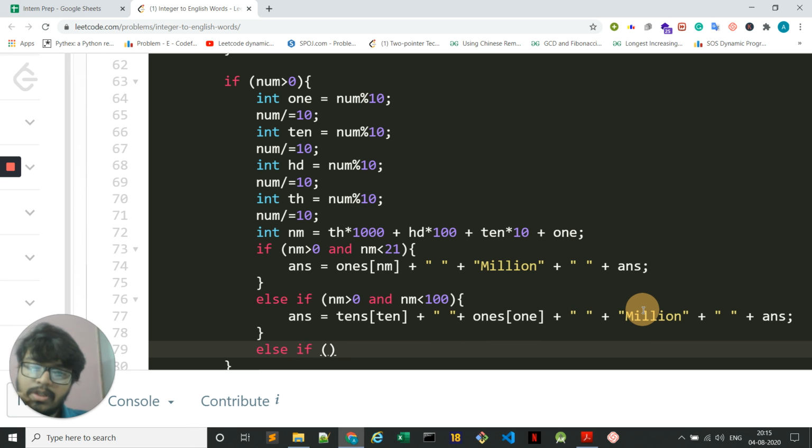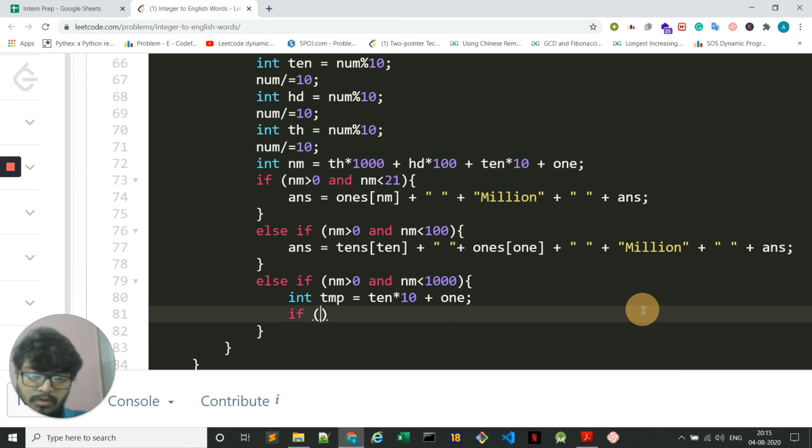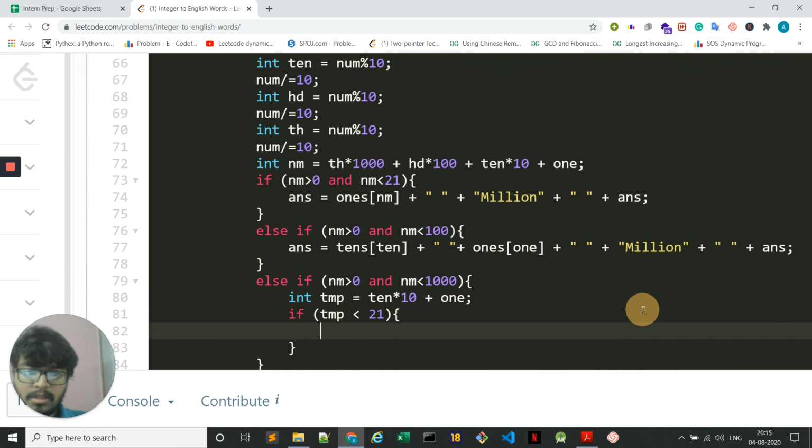What if they have three digits, which means nm is greater than 0 and nm is less than 1000. If they have three digits, then I need to check what are the first two digits. So int tmp is nothing but 10 into 10 plus 1. So if tmp is less than 21, then what can I say?